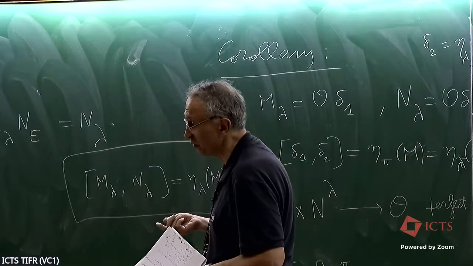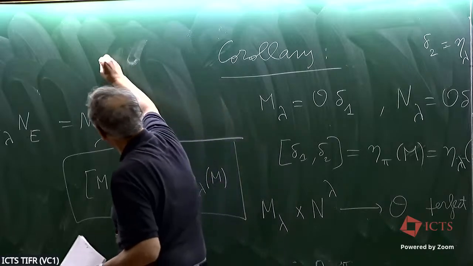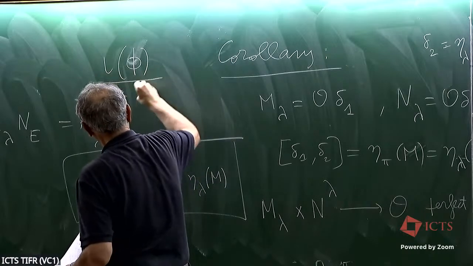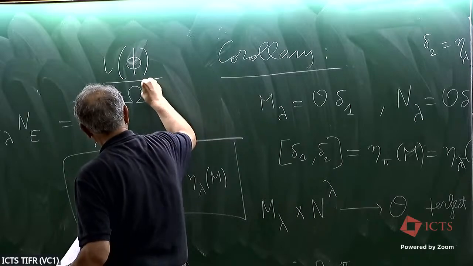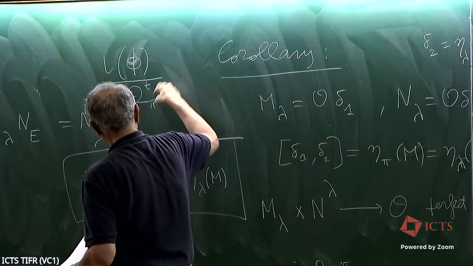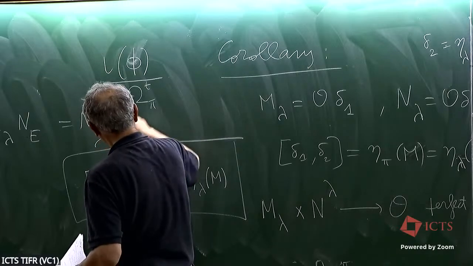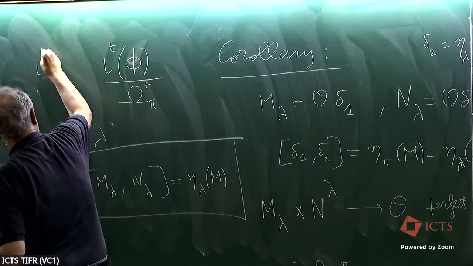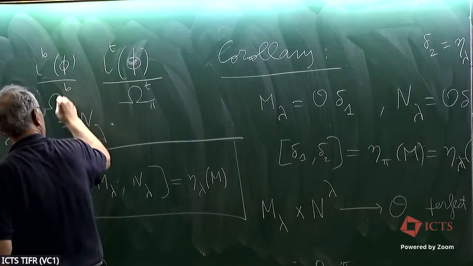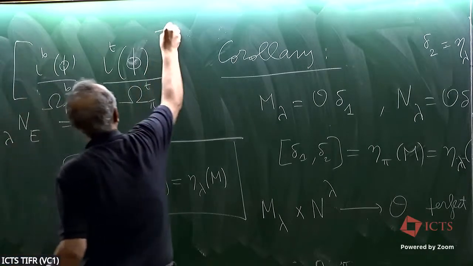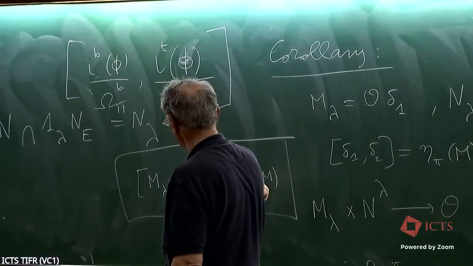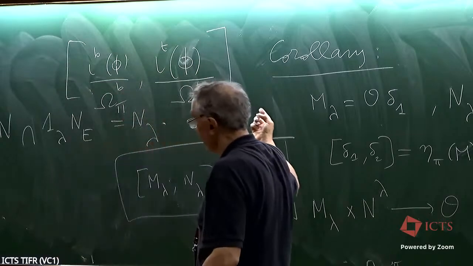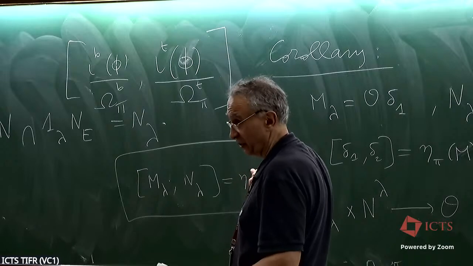If you remember the definition of the periods, you apply Eichler-Shimura to some nice automorphic form, and you divide by the corresponding period, so that this becomes a basis of M^Λ. So basically you will have ι top and ι bottom of φ divided by Ω bottom. You take the Poincaré pairing of these two things, and you get this number. You put this out, this is Petersson, and Petersson is the adjoint L-value, and that's it.